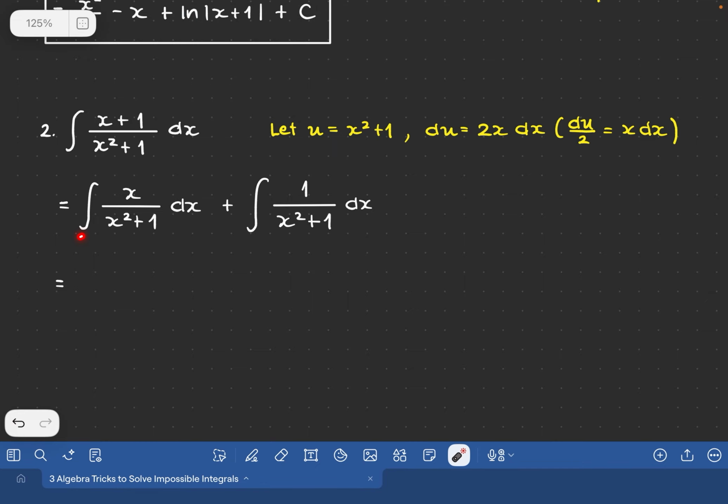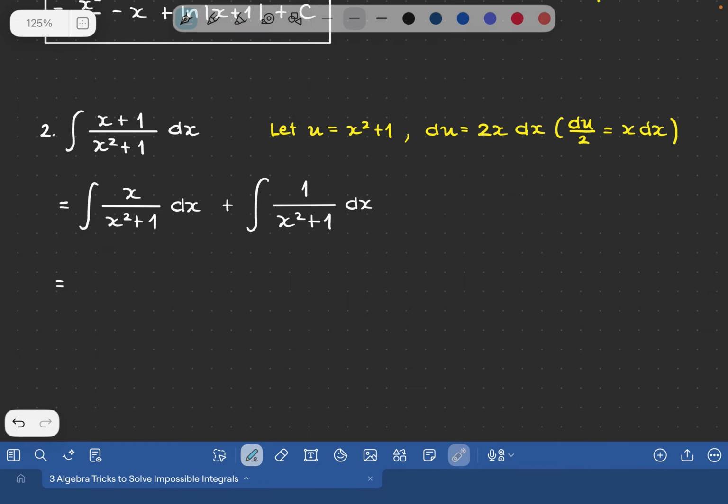For this first integral, this one just simplifies to 1 over 2 integral of 1 over u du.